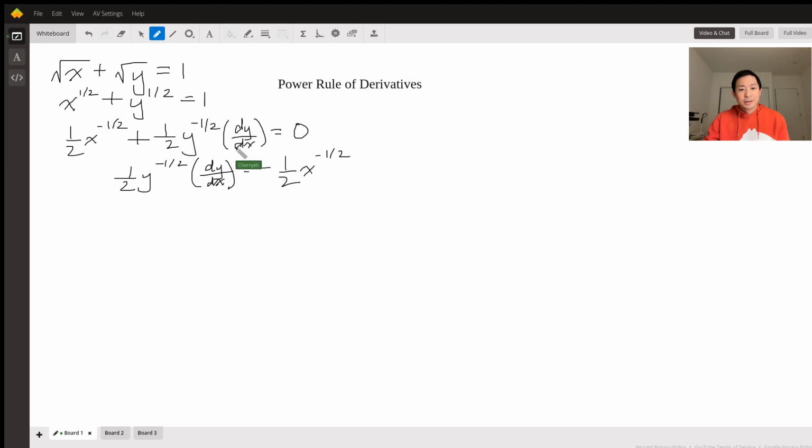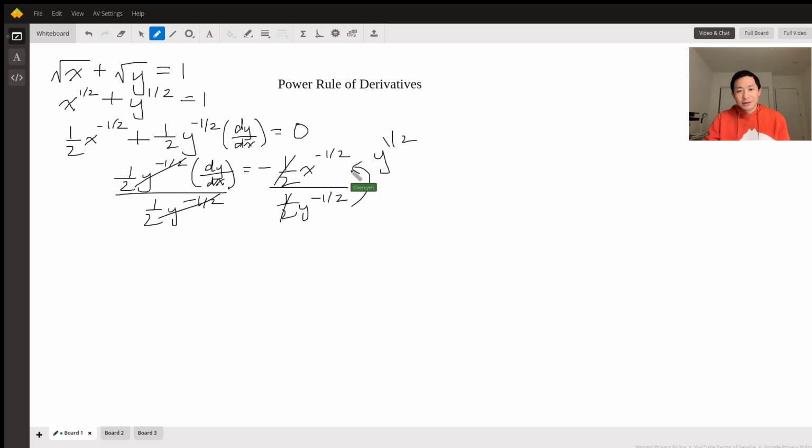All right. And then we can divide both sides by 1/2 y to the negative 1/2 power. And notice how the 1/2s are going to cancel out here. Y to the negative 1/2 is going to move this back to the top, which is going to give us y to the 1/2.